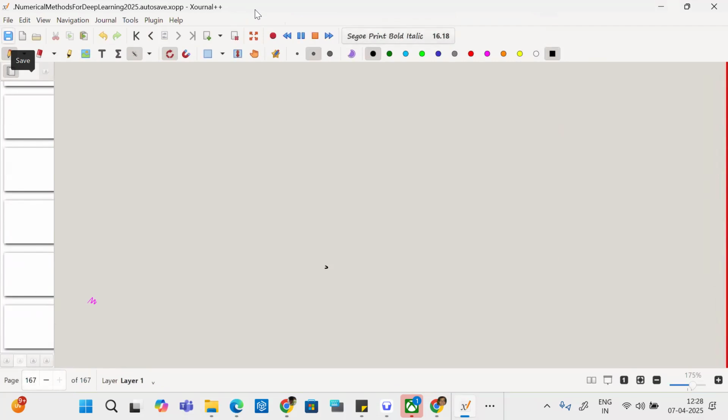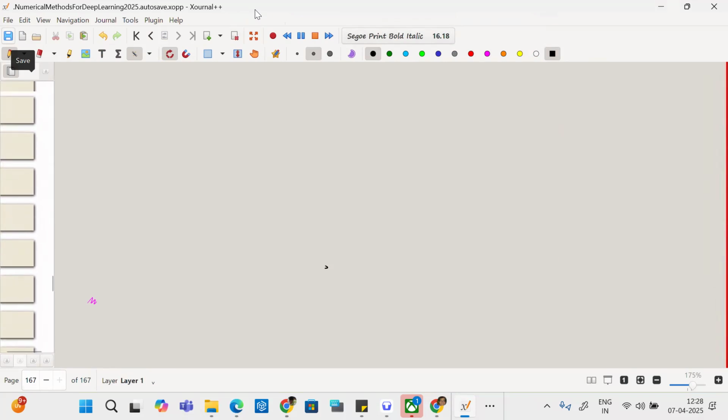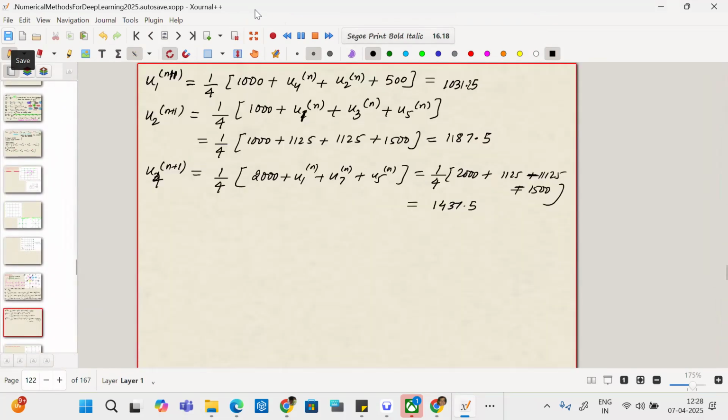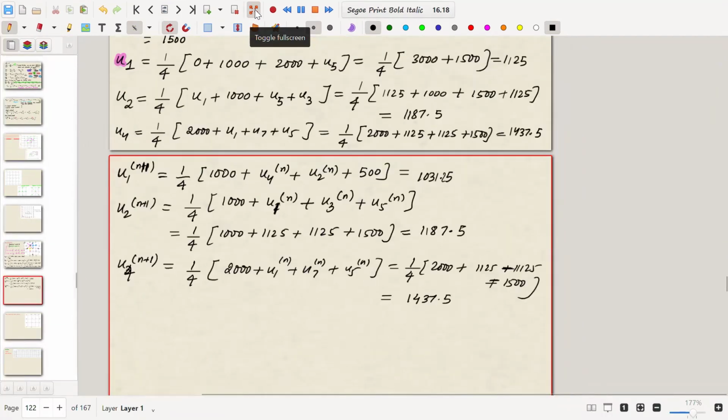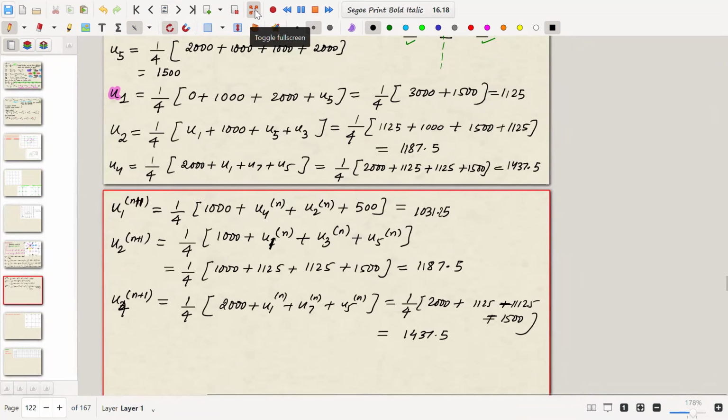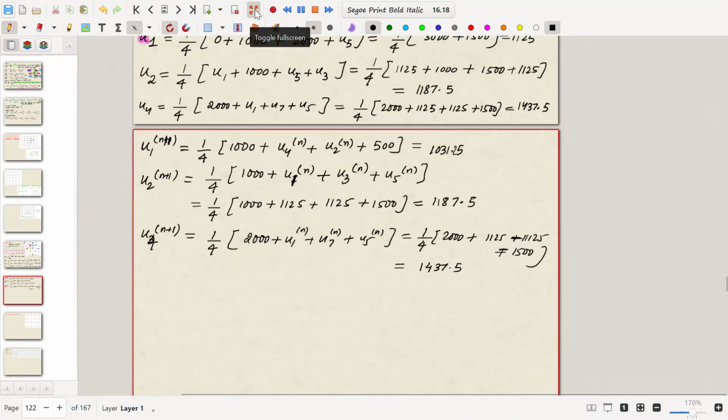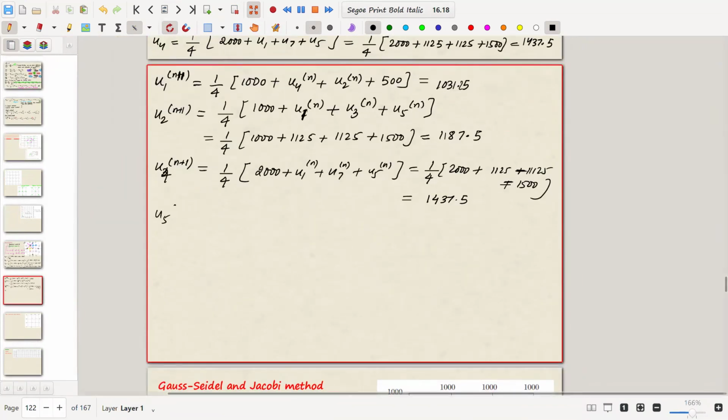I think other two are there. Yes, what else is remaining? U1, U2, U4 you computed. U5 we have to compute, no? U5 of n plus 1.